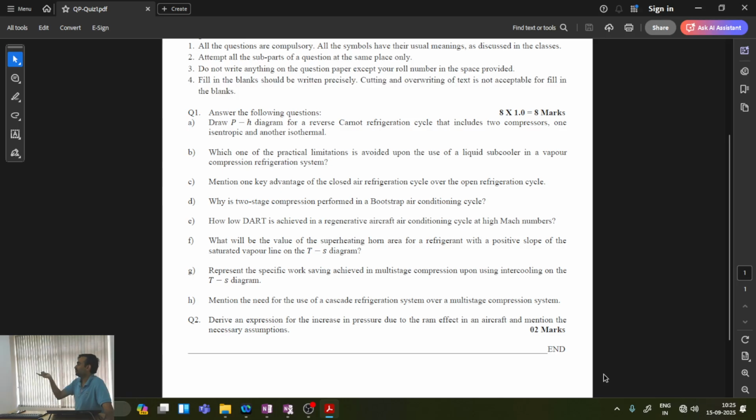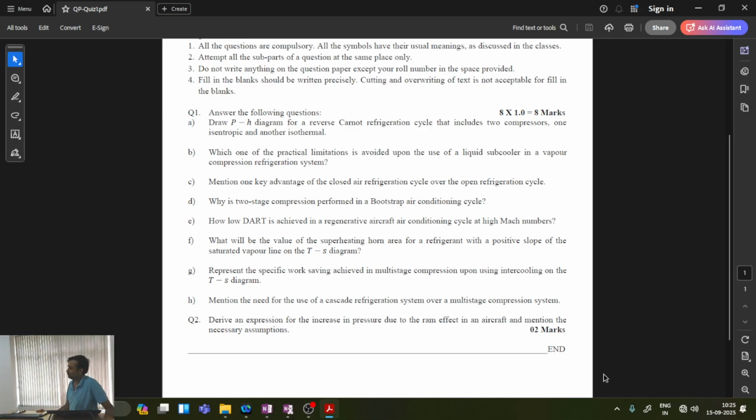So we could have simply used the pressure-temperature relation for a reversible adiabatic process, and that would have given the pressure ratio, P2 by P1. We will get the ideal one. Yes. After that, we have to get the real pressure also using efficiency.